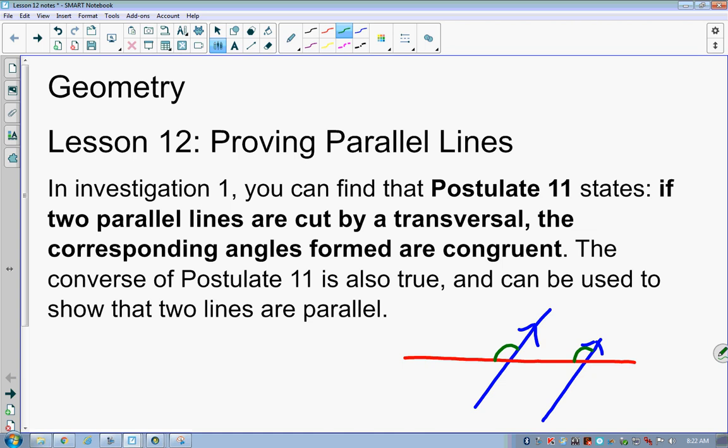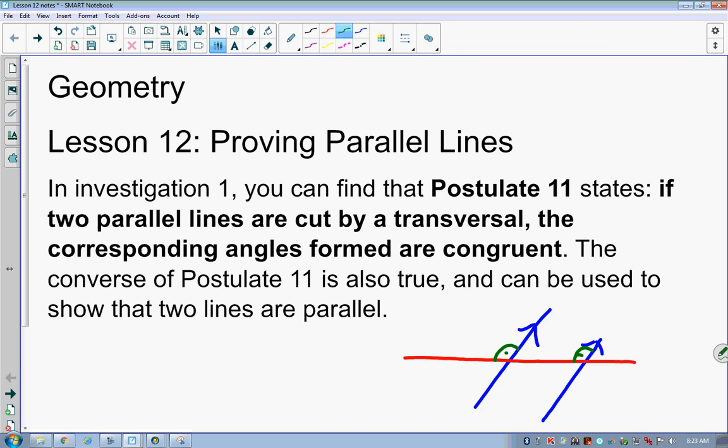Now you'll notice that my little green angle here, this first one, is obtuse, which means I'm looking for an angle on the same side of the transversal that is also obtuse. Does that make sense? All right, so we can see that not only are they congruent, but at least they look congruent. I could tell that, right? All right, so those are corresponding angles.